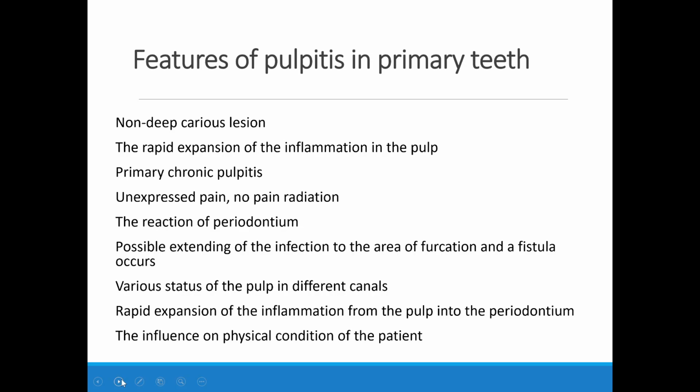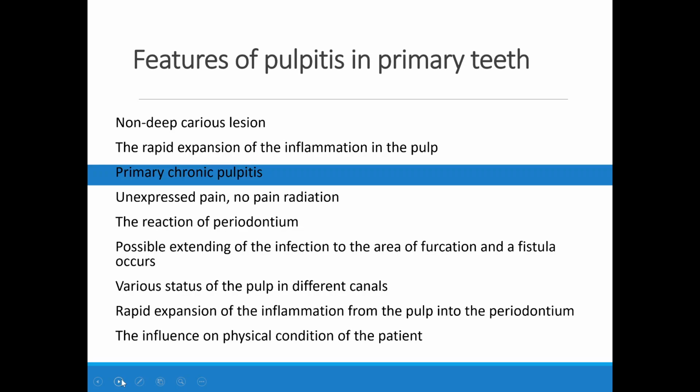Various status of the pulp in different canals. For example, in one canal can be necrosis, and in another it can be just fibrous pulpitis. Rapid expansion of the inflammation from the pulp into the periodontium, and the influence on the physical condition of the patient.